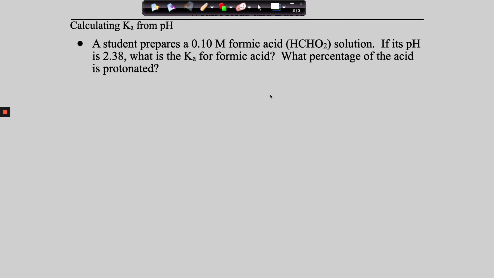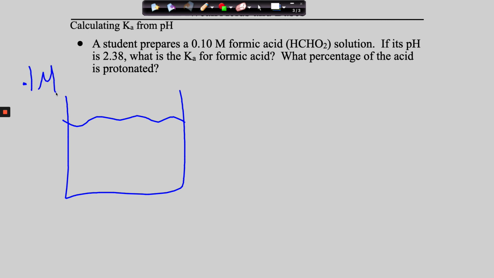Don't draw this. So guys, we are going to create a 0.1 molar, we're just going to call it Form H. We're going to create a 0.1 molar Form H solution.